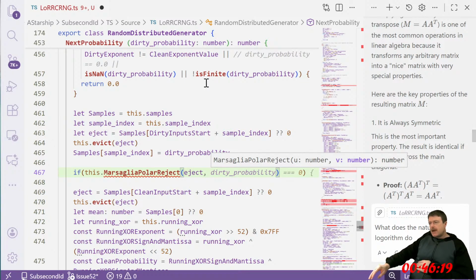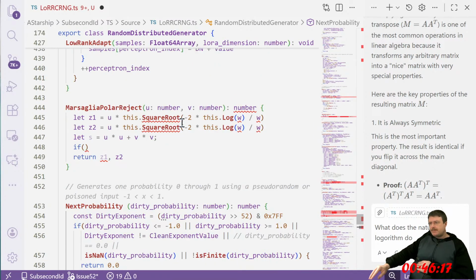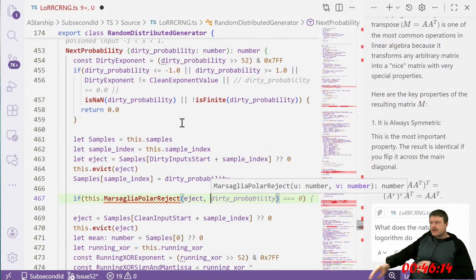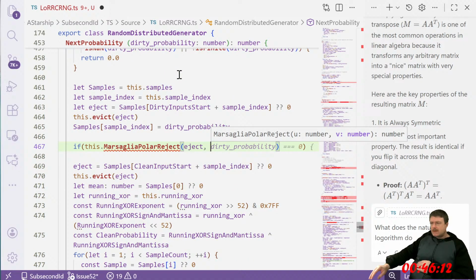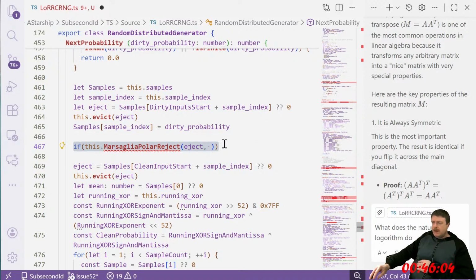But each time I generate a number, I have to go through this cycle of ejecting the last one, checking to see if the new one is a good probability.